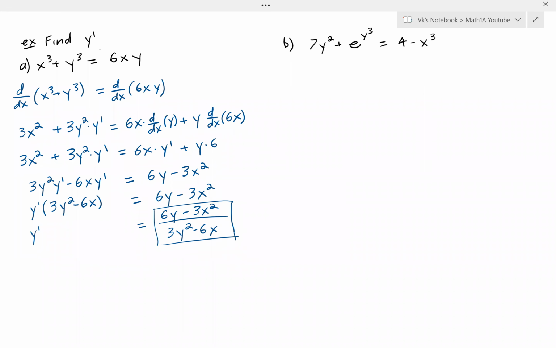B: 7y squared plus e to the y to the power 3 equals 4 minus x to the 3. To find y prime, we're going to differentiate both sides with respect to x.